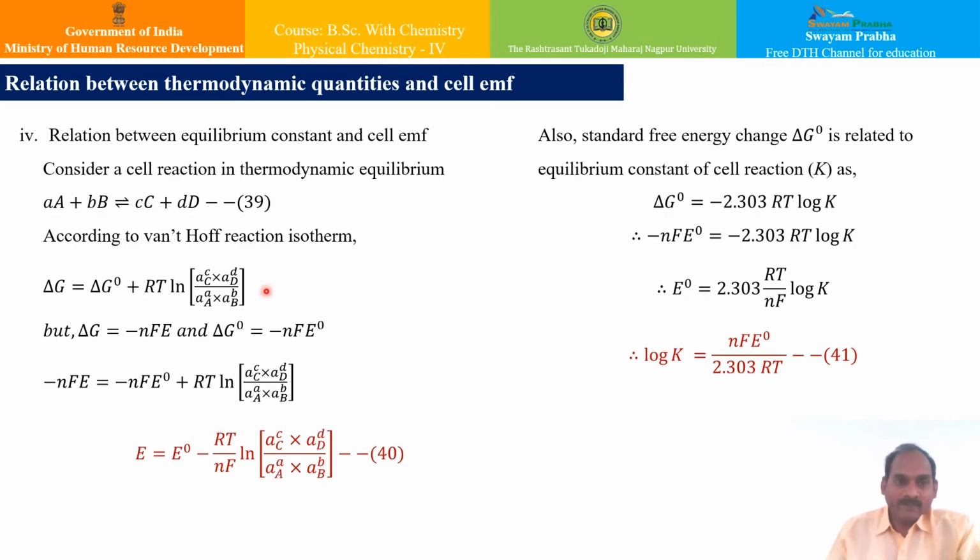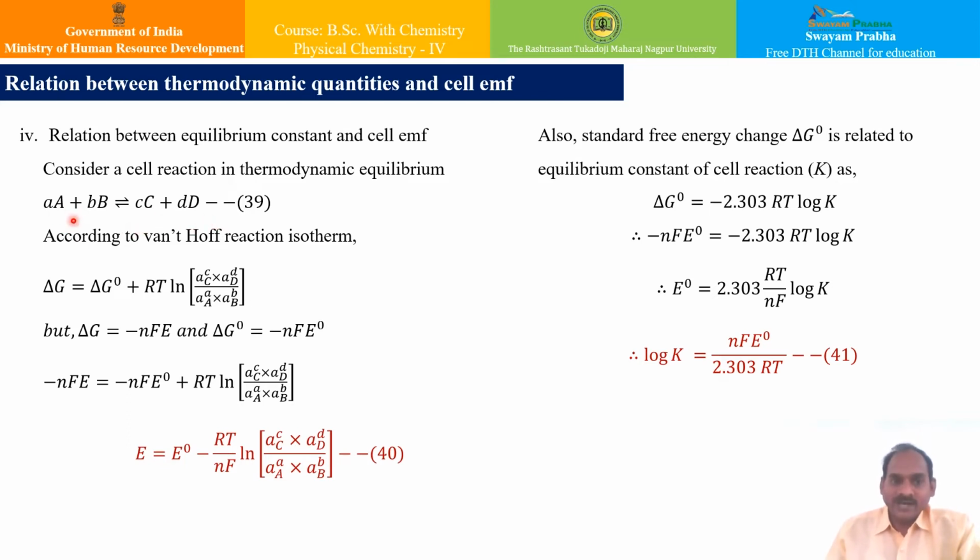Similarly, I can find the relation between equilibrium constant and cell EMF. For this, let us consider a cell reaction in thermodynamic equilibrium. There are innumerable applications of these thermodynamic relations, and we will see one full dedicated lecture on this part. For the time being, let us consider a general equation wherein a chemical thermodynamic equilibrium is represented by equation 39, that aA plus bB is in equilibrium with cC plus dD.